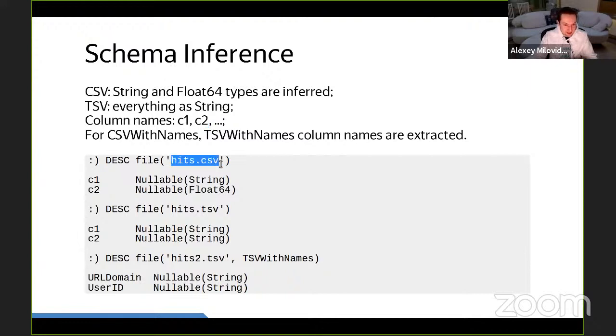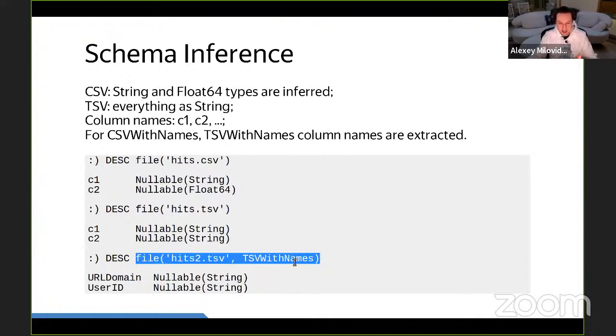So if I use a CSV file without headers, it will be just columns C1, C2. If I use some file with headers, now I specified the data format explicitly, then column names will be inferred.